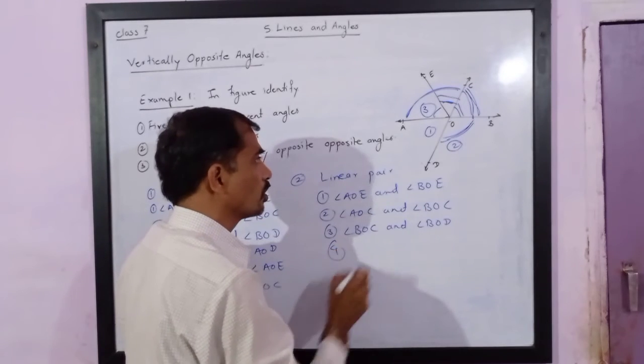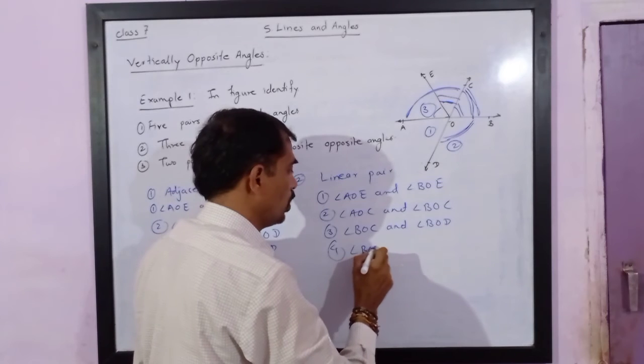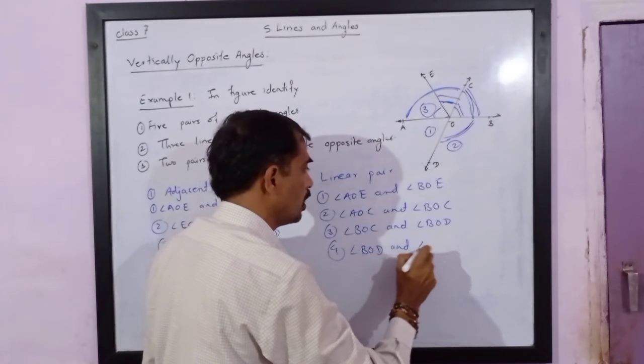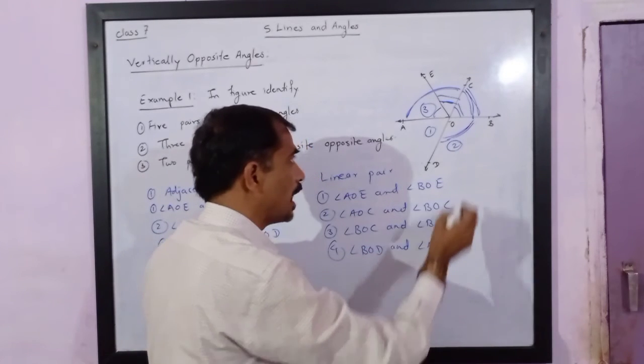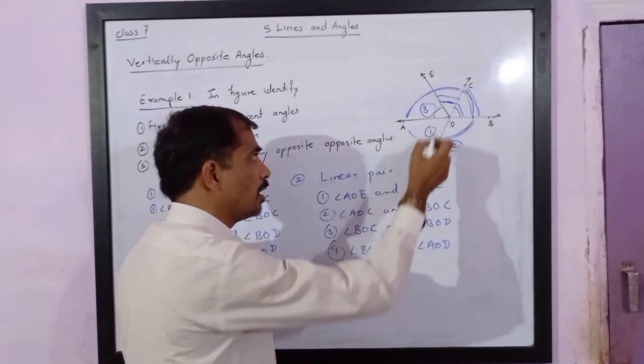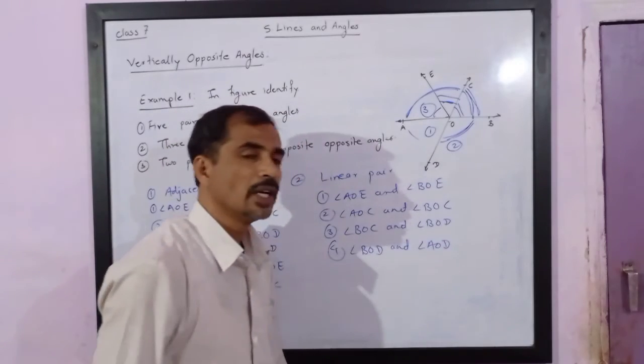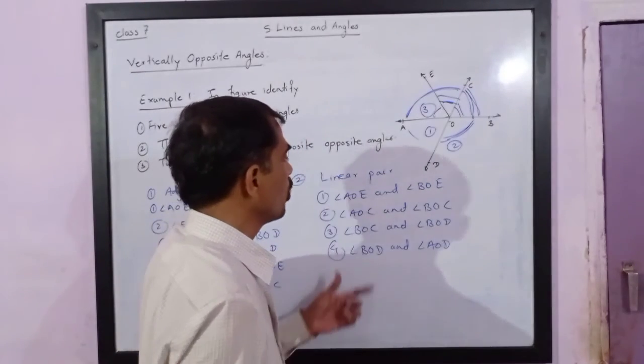Then you can take fourth, BOD and AOD as well. Angle BOD and angle AOD can also be taken as a linear pair. The reason is OD is the common arm and OA and OB, the uncommon arms, are on either side of the common arm. So these are the four pairs.